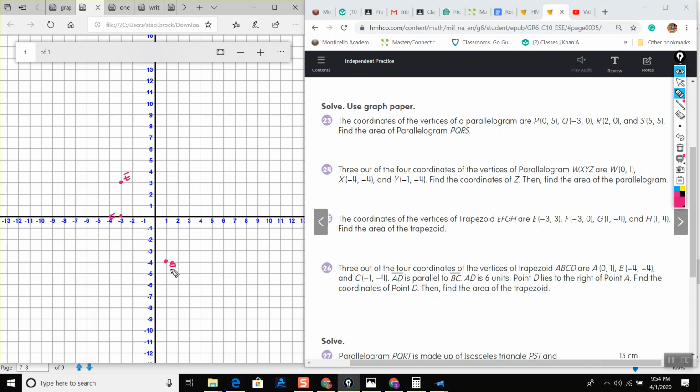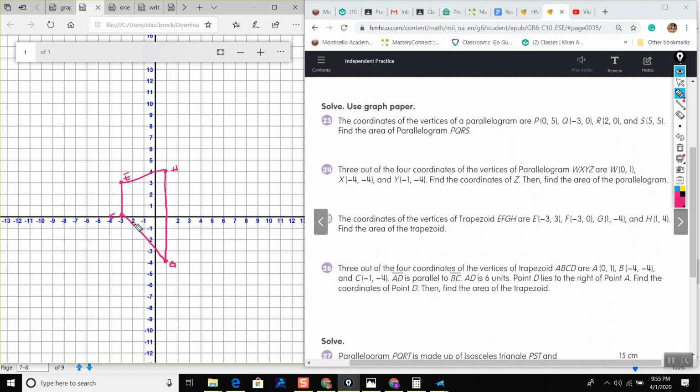That's our G. And our H is 1 and 4. Okay, so we're just going to connect them up. Yikes, I apologize for my shape not being super awesome.